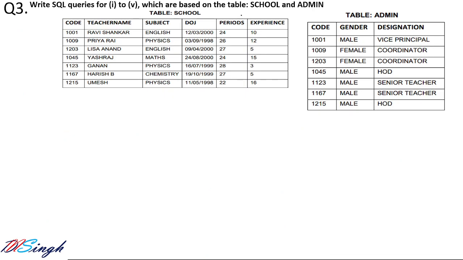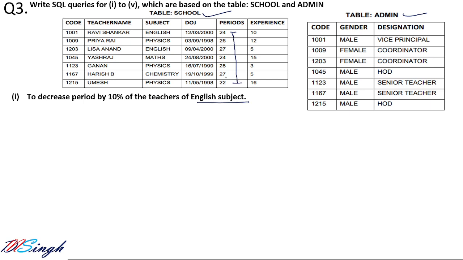Let us move to the next question. There we have been given a table like school and admin, and we have a question to decrease the period by 10% of the teacher of English subject. Actually what I want is some change in these periods. So what we are doing is updating the data. What does 10% mean? 10% means 10 by 100. So we can also write it as 0.01.